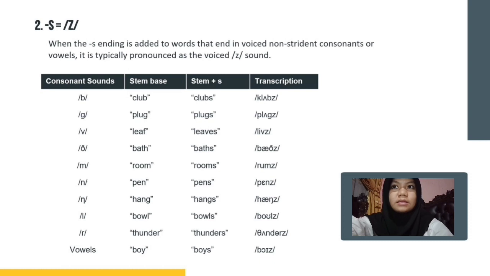And the next is N, consonant sound hang, stem base hang, stem plus S, hangs, transcription hangs. And the next is L, stem base ball, stem plus S, balls, transcription balls. And the next is R, consonant sound thunder, stem base thunder, stem plus S, thunders, transcription thunders.